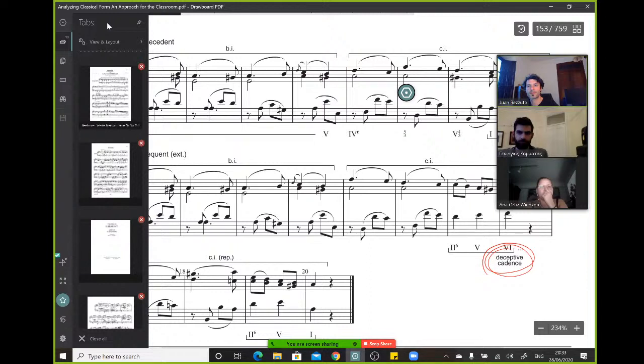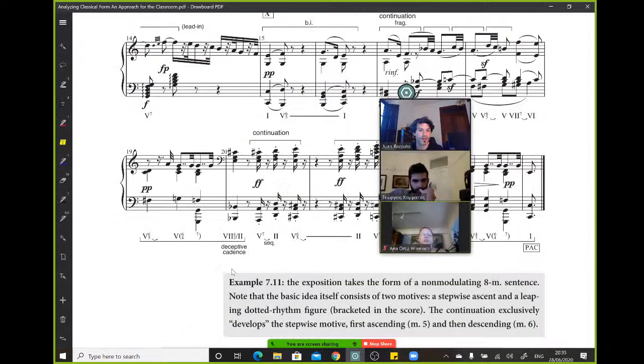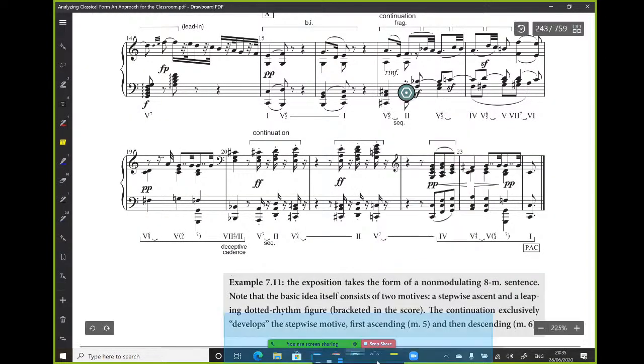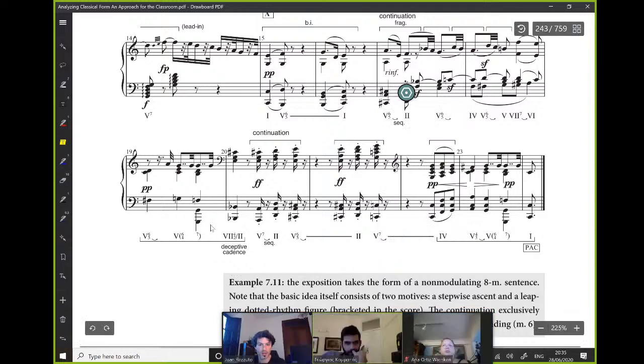So in this example, 7:11, the deceptive cadence, which is here, it's neither the 6th nor the 3rd nor the first one in first inversion, but it is something else. Okay, can you see it?